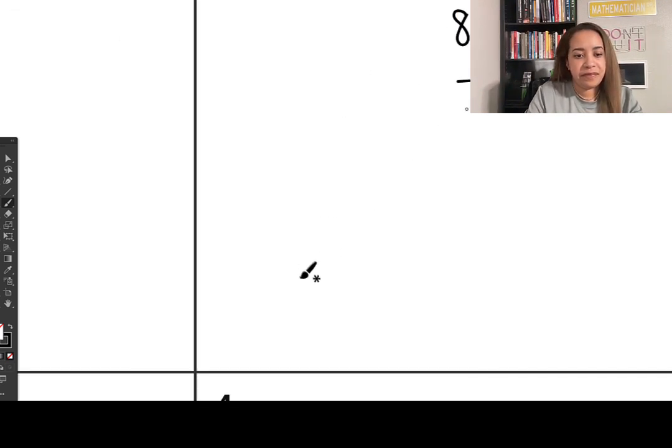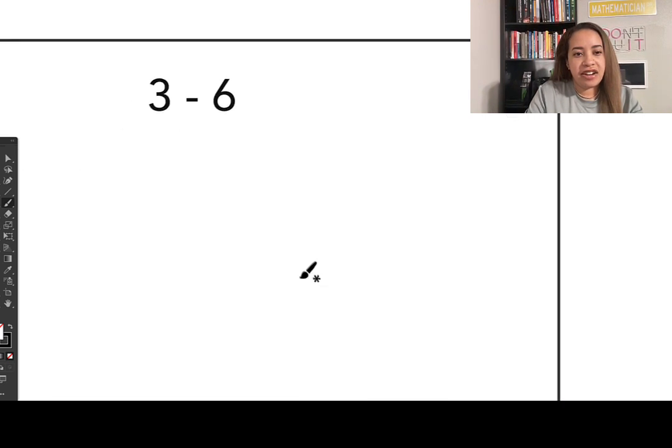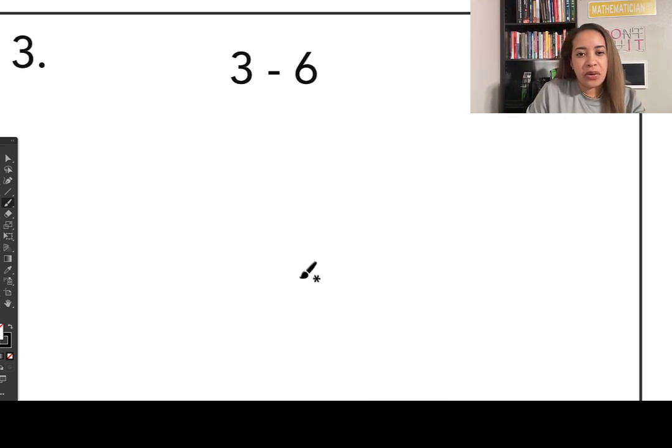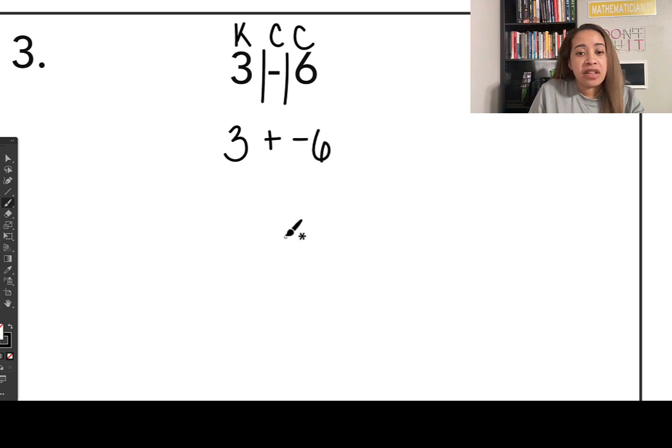Here is number 3. We see subtraction, so we say keep, change, change. We keep the 3, change from a minus to a plus, and change from a positive 6 to a negative 6. So now looking at my addition problem, I notice that I see different signs. I see a positive 3 plus a negative 6.